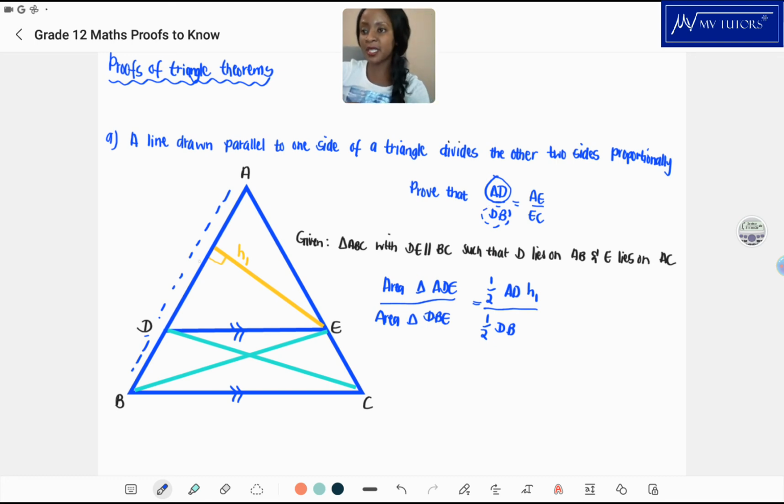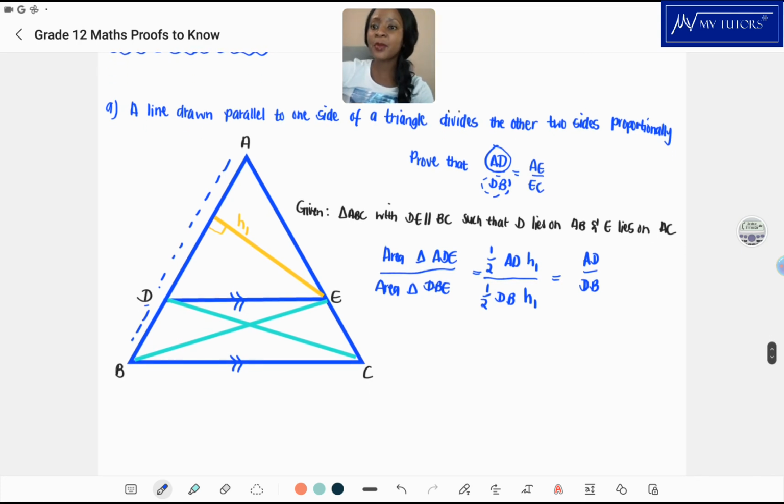And then my perpendicular height, okay guys, please be careful, the perpendicular height will not be DE. The perpendicular height will be H1. So when I do that, I will have the halves cancelling and H1s cancelling, so I'm left with AD over DB. So we're getting somewhere here.